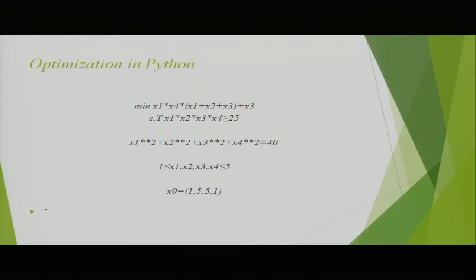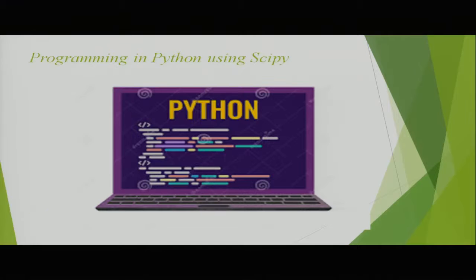So x1 takes the value 1, then x2, x3, and x4 take the values 5, 5, 1 respectively, right? Now we'll see how we do the programming in Python using SciPy.